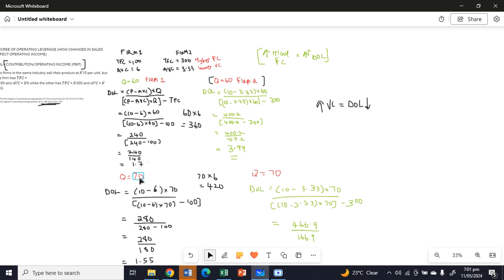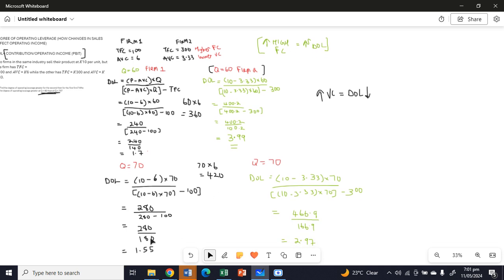When we increase the quantity, meaning our variable costs also increase, we see a drop in the degree of operating leverage. Similar with frame 2. At 60 units, the degree of operating leverage is 3.99. When we increase the number of units we produce, meaning our variable costs also increase, we see a drop in the degree of operating leverage.